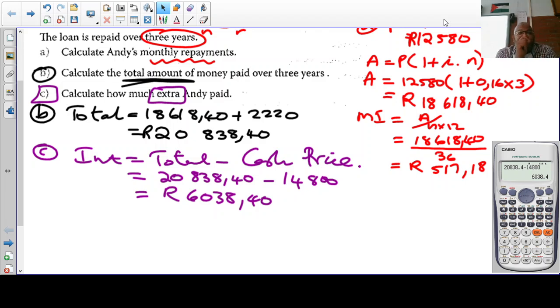Now, if you agree to pay that R1 million house over 25 years, then you're only paying 9,700 rand. So you're only paying 300 rand less a month, but you're paying how many years more? 5 years more.